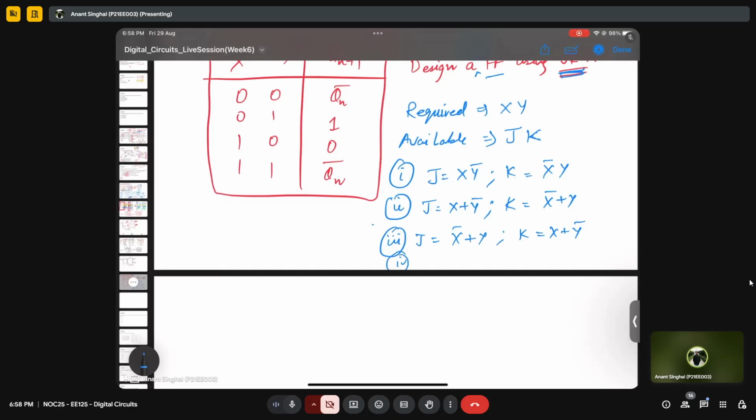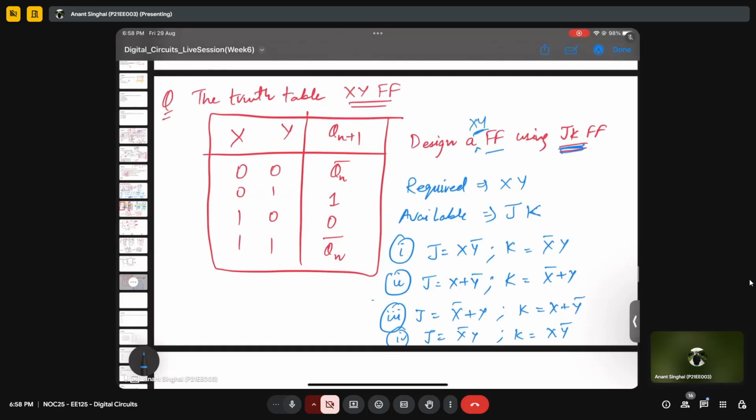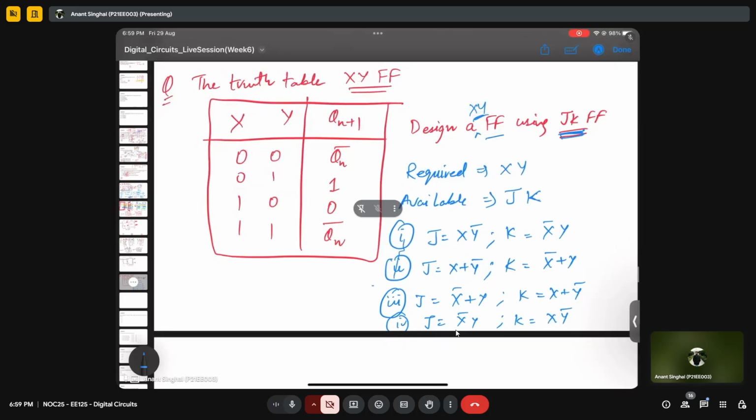And the fourth option is J is X bar Y, K is X Y bar. Take 5 minutes and let me know the answers in the chat box. Let me write ABCD.